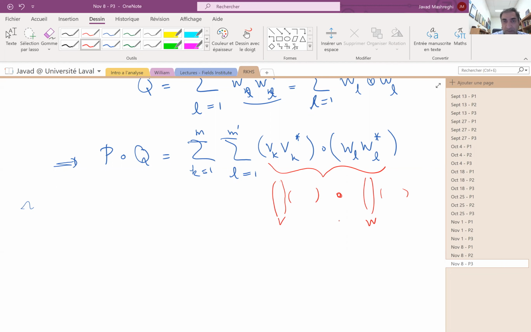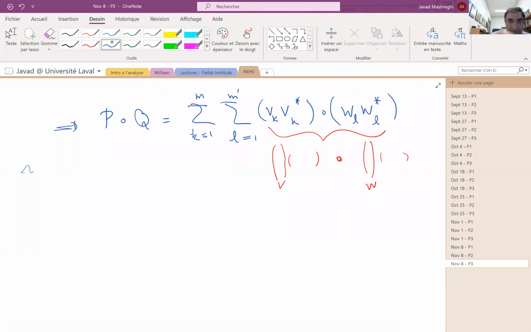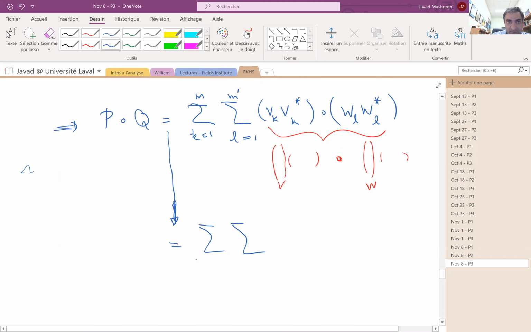If you write the formula, that's the simple but key observation, to see that this is precisely equal to, if you do V_k rond W_l, which means that you do the Schur product for V and W, that becomes a vector.